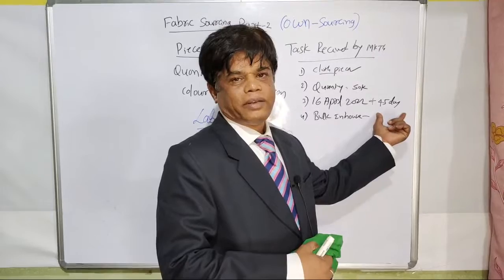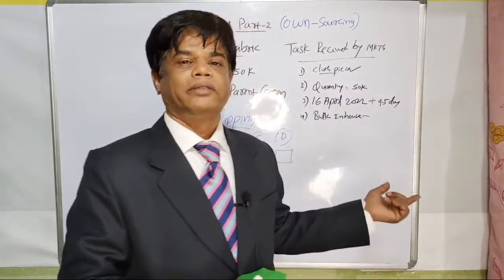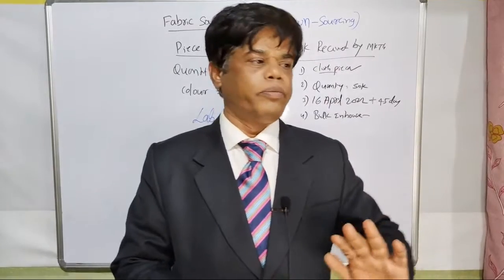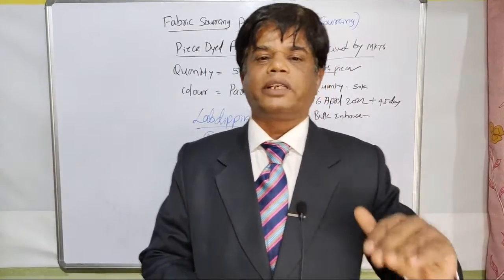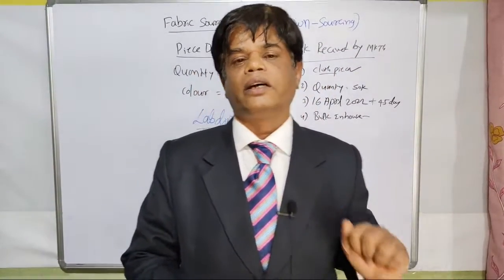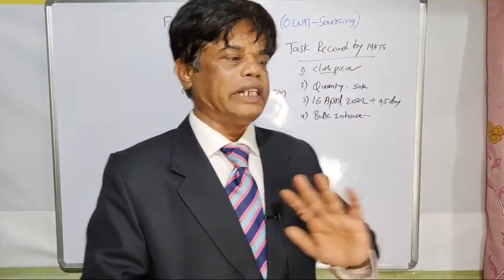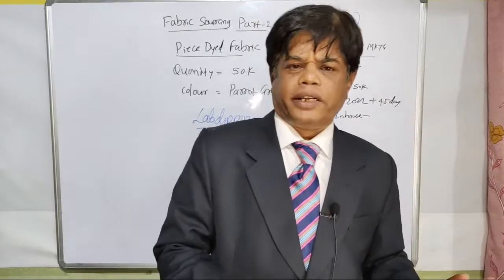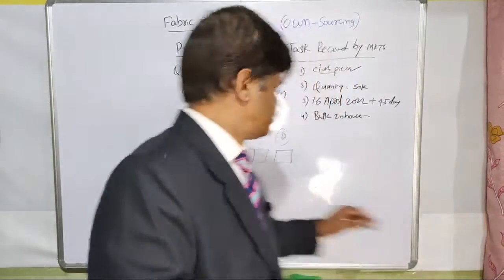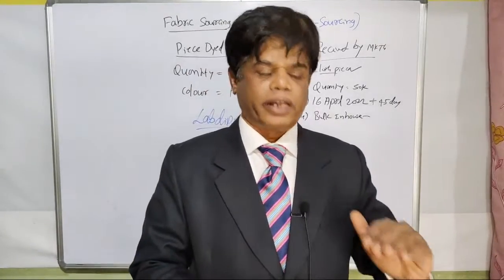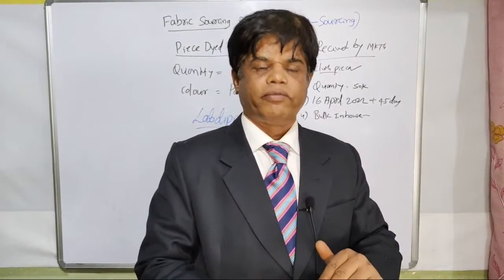In 45 days the mill has to produce the fabric in-house. So, by putting pressure on the marketing team, assume that the buyer has agreed to option C, then immediately a mail comes from the marketing team to our boss.